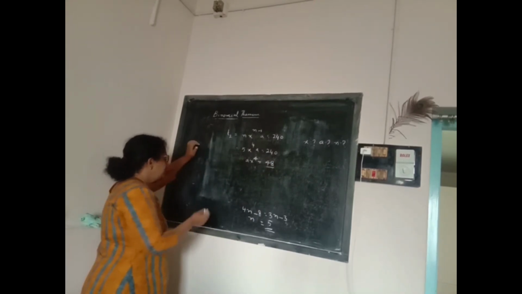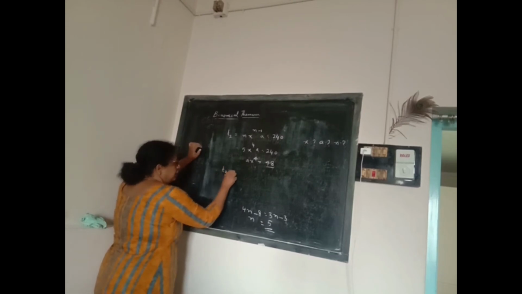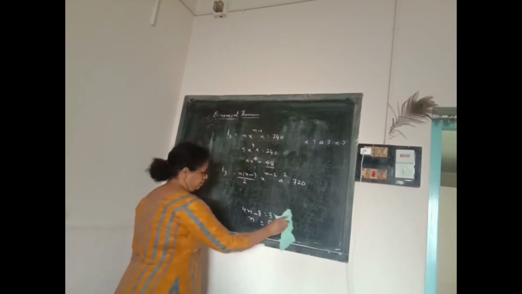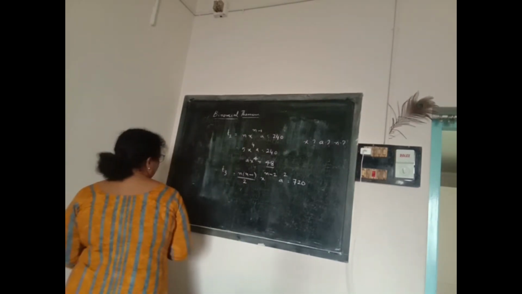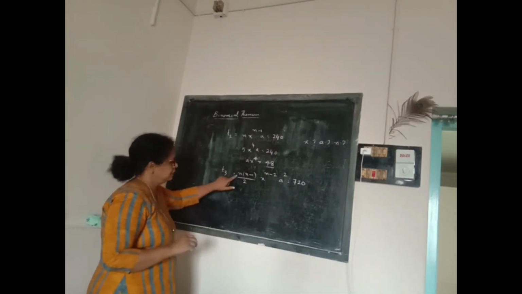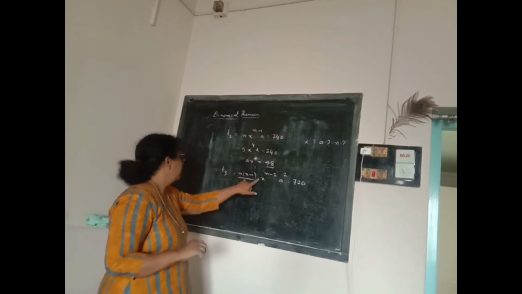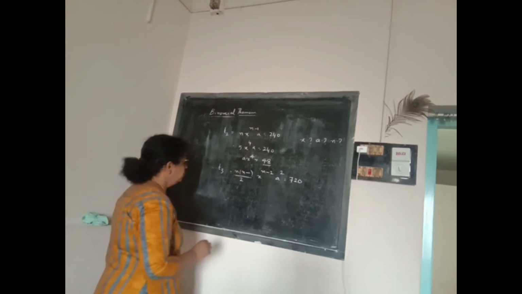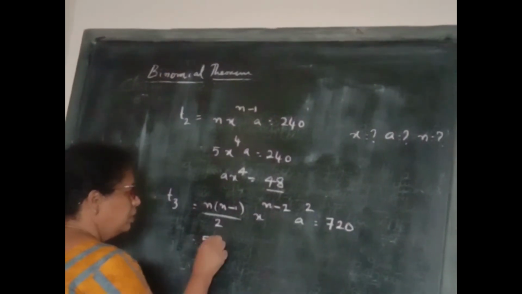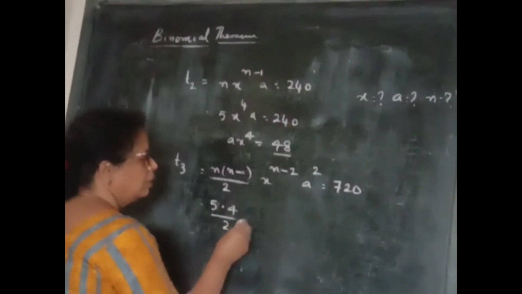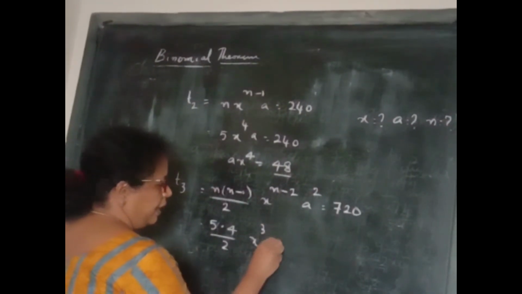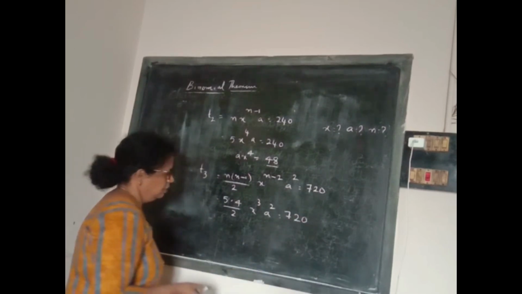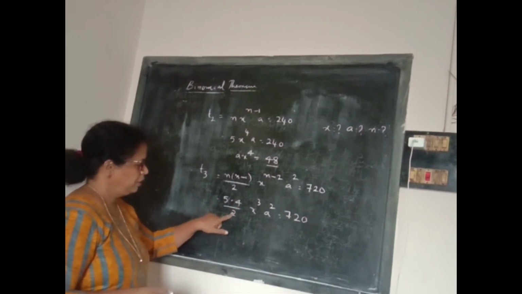In the same way, what is T3? When we go to T3, it goes like this: n into n minus 1 by 2, x raised to n minus 2, a squared. In that also you substitute n equal to 5. So what will we get? 5 into 4 by 2, x raised to 3, a squared equal to 720. This is 5 into 4, 20. 20 by 2, 10.